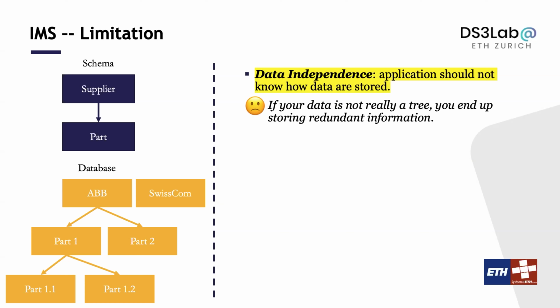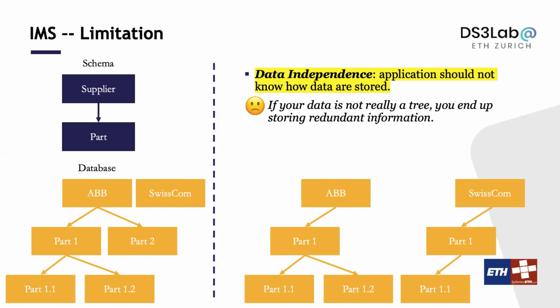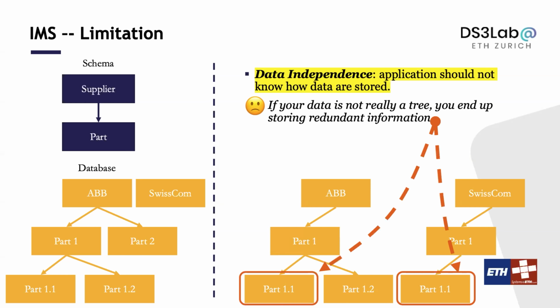And second, there can be a mismatch between your data and your data model. For example, your data is not a tree, and you are going to have a whole bunch of redundant information. For example, if both ABB and Swisscom provide part 1, and you force the database to store it as a tree, you are going to have duplicate information of part 1.